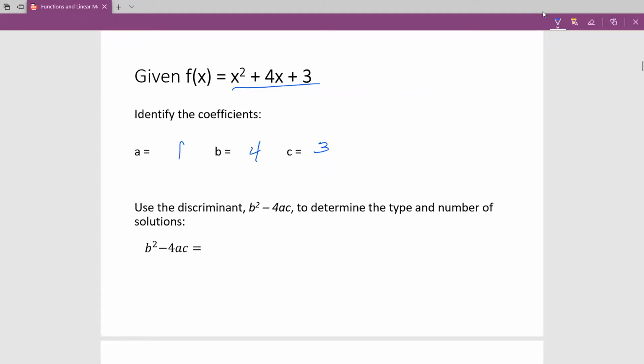Let's determine the type and number of roots. b squared minus 4ac is equal to 4 squared minus 4 times 1 times 3, equals 16 minus 12, equals 4, which is more than 0. There are two solutions.